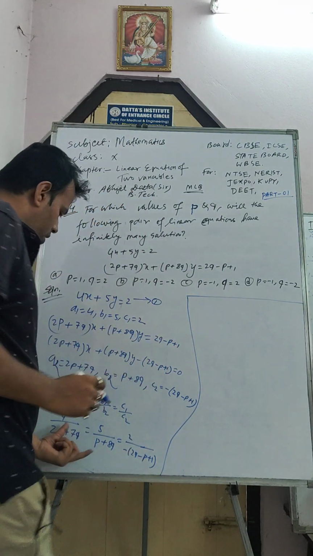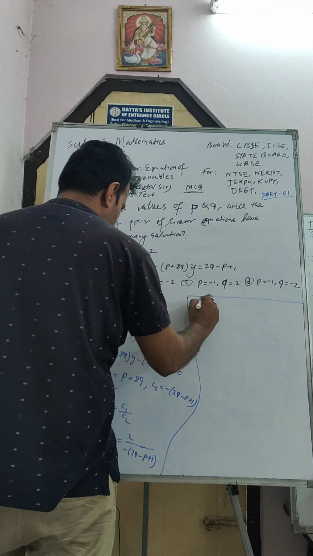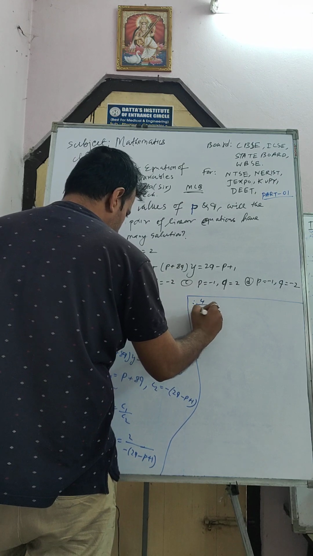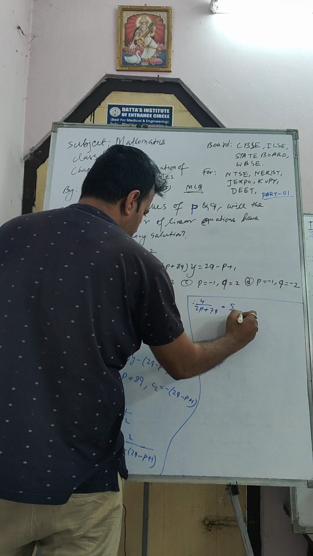So from that, if I take these two, then there will be a solution. 4 by 2p plus 7q equal to 5 by p plus 8q.